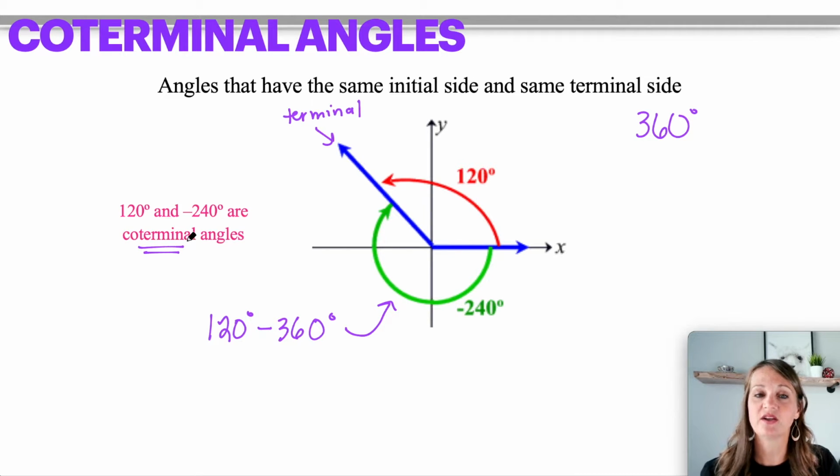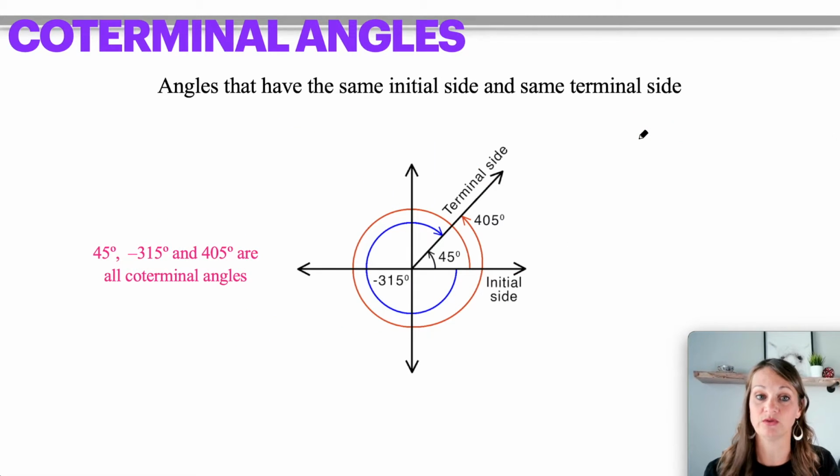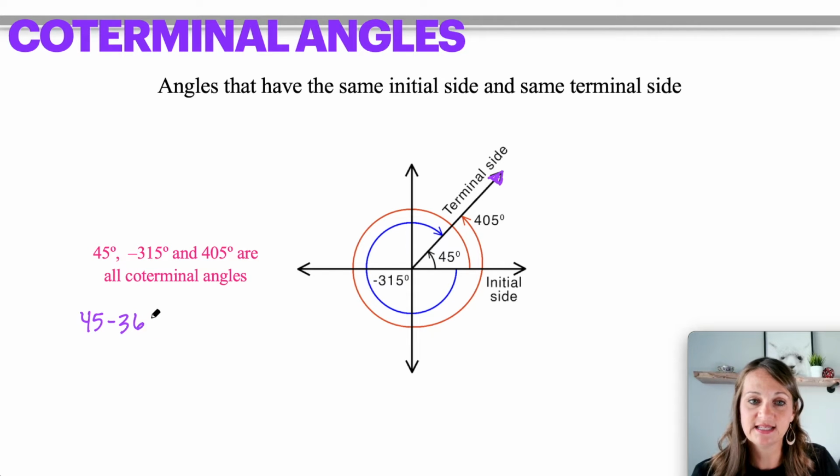Anytime you find a coterminal angle, if you add or subtract 360 degrees, you will be able to find a new coterminal angle. So for example, here are 3 coterminal angles. Let's say this is the terminal side right here. Well, we can get there by going 45 degrees. Or if we subtracted from 360 by going clockwise, then we would have reached it at negative 315 degrees.